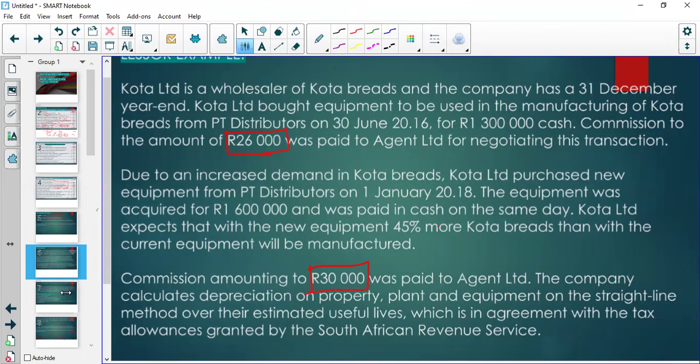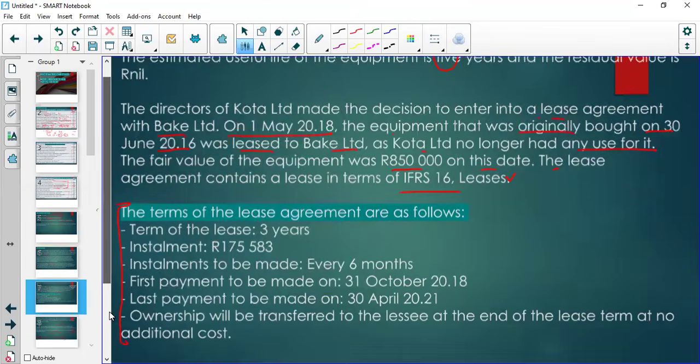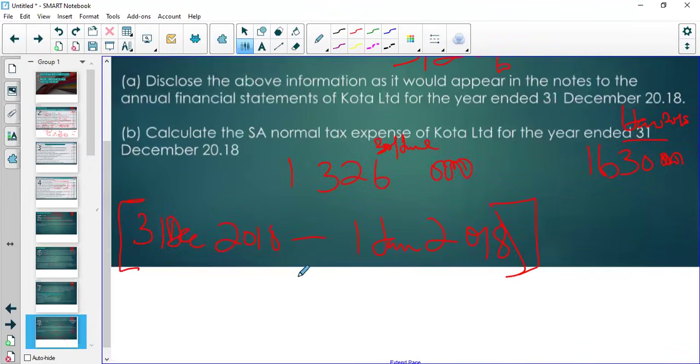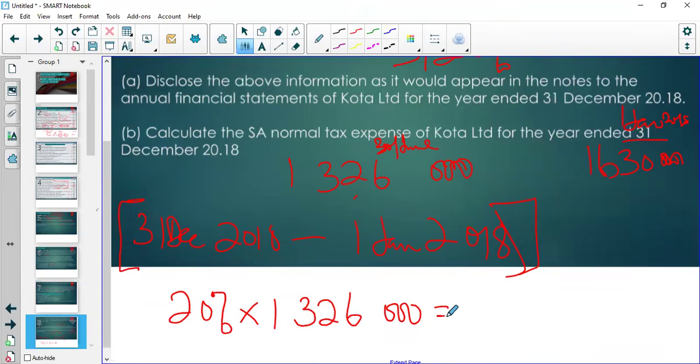So the first thing we're going to do is to calculate depreciation. Annual depreciation is 20% every year for the old one, 1,326. Remember, it's 5 years. Instead of dividing by 5, I just multiply by 20%.